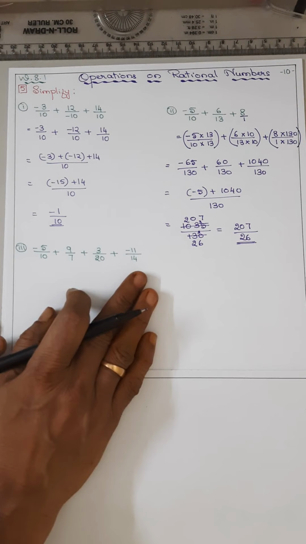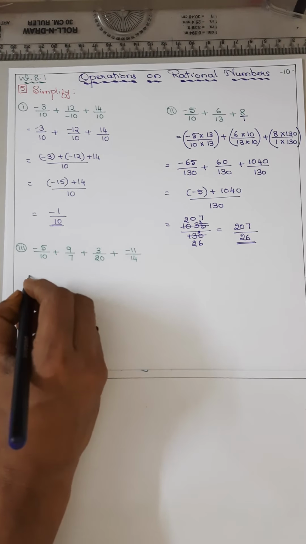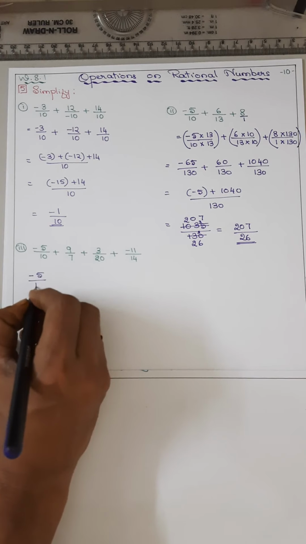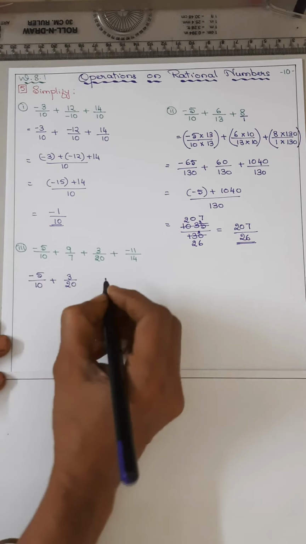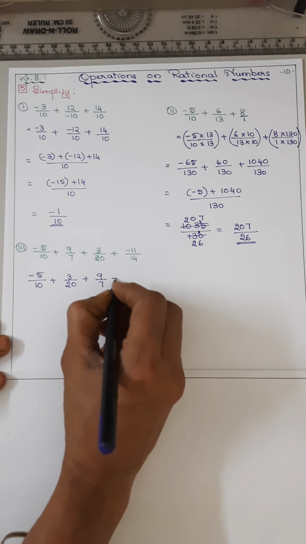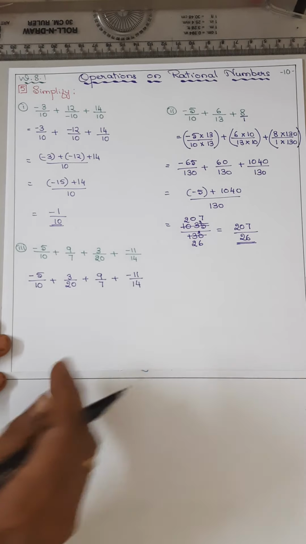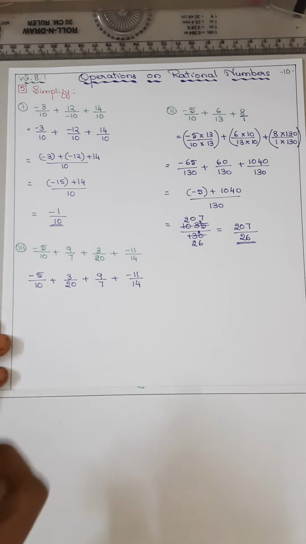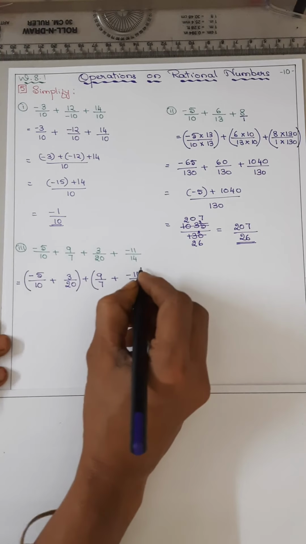It is easy to take the LCM. So rearrange first: minus 5 by 10, 3 by 20, plus 9 by 7 plus minus 11 by 14. Okay, so put the brackets.